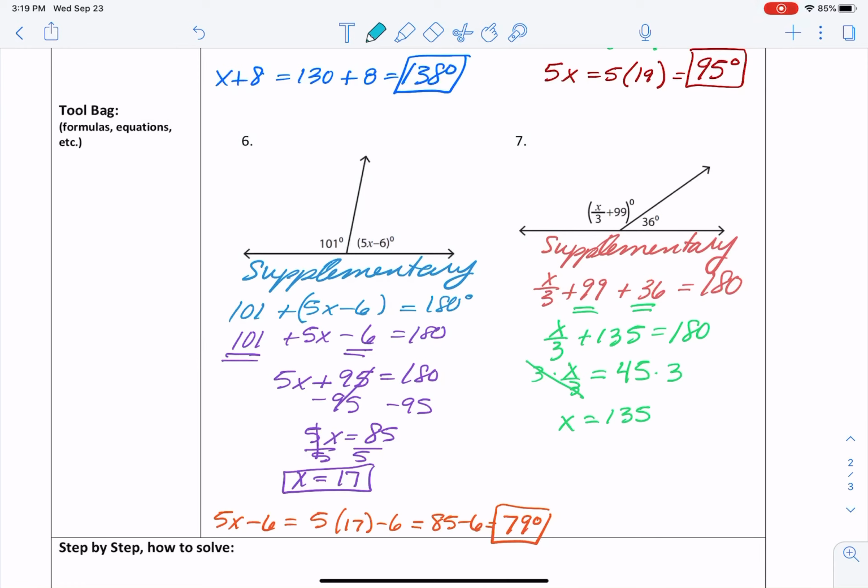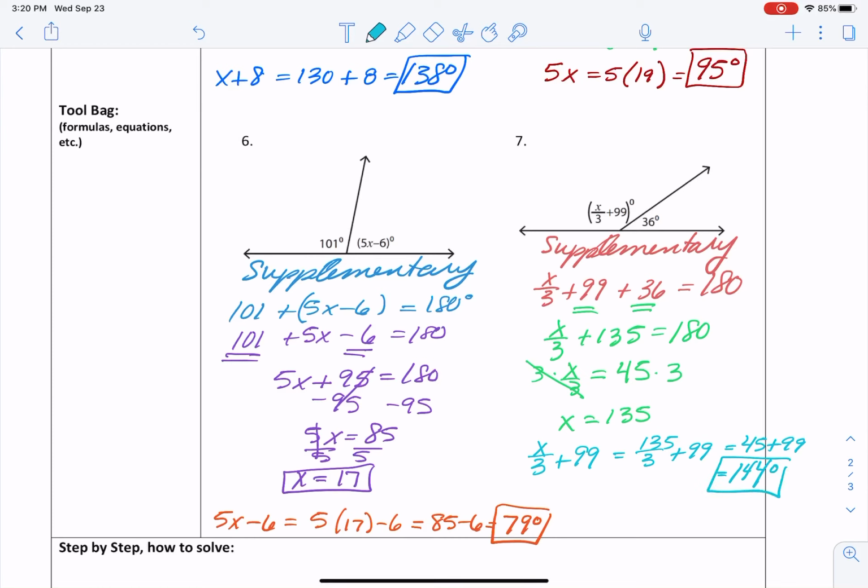Finally, we substitute that back into x over 3 plus 99 equals 135 over 3 plus 99, which is 45 plus 99, which is 144.